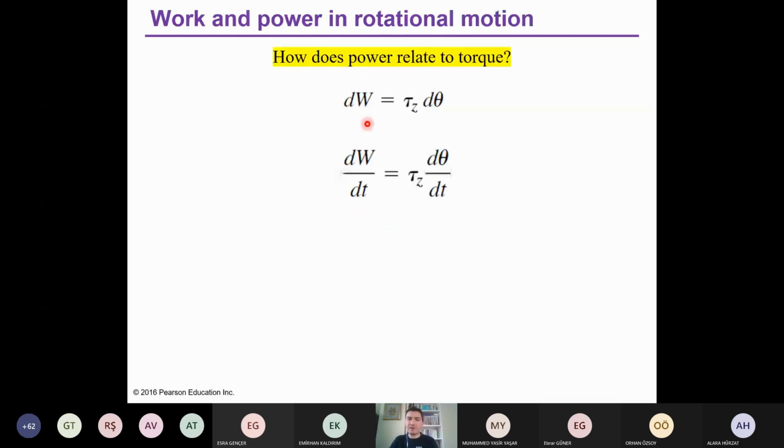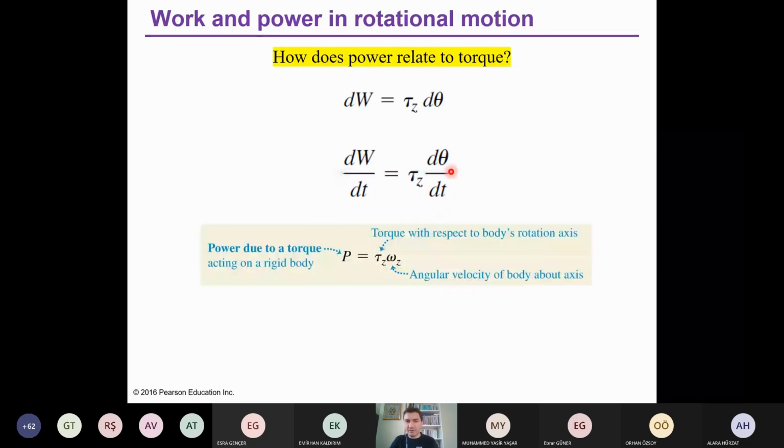If you take the time derivative of both sides, so the time derivative of work, and on the right side, if you consider that the torque is constant, then take the time derivative of d theta. So what was d theta? D theta is the change in the angular position, right? So if you take the time derivative of angular position, then we get the angular speed, right? So this gives us the angular speed.